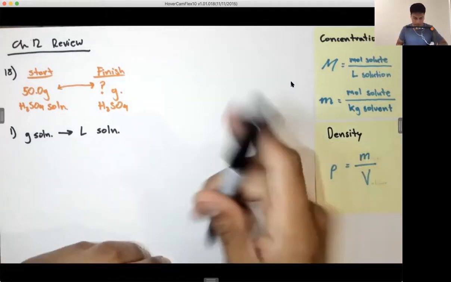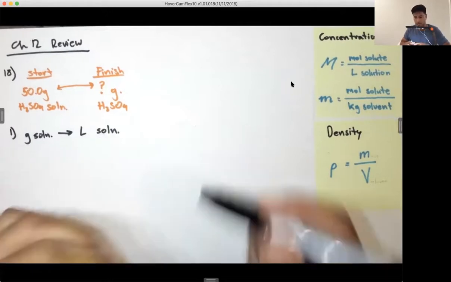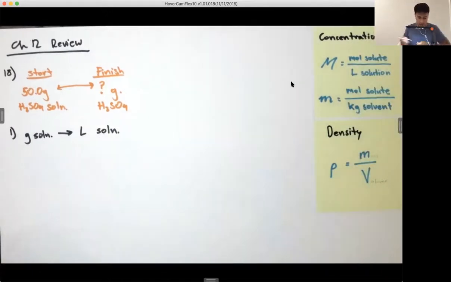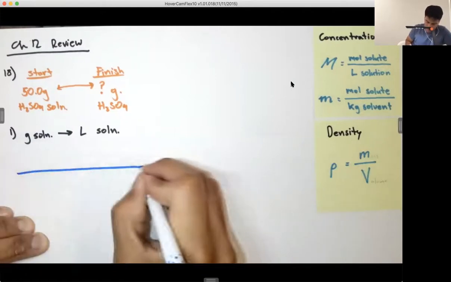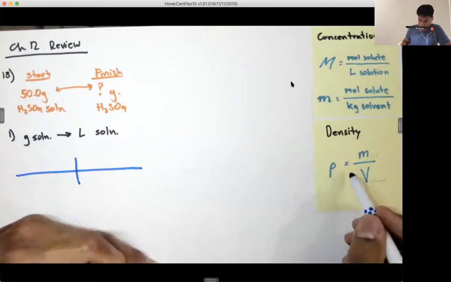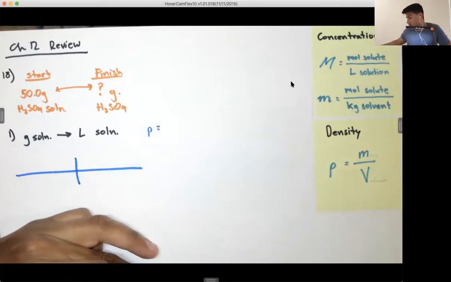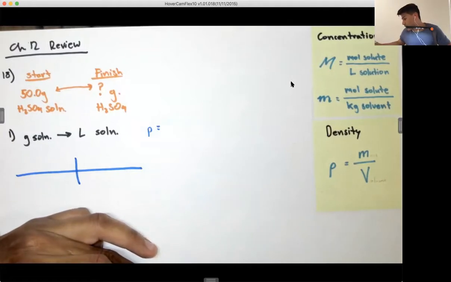All right, so we have the grams of solution, and we want to go into liters of solution. So let's make a bridge for it. The way we're going to figure this out is by using the density. What's the density that they give us in number 18?